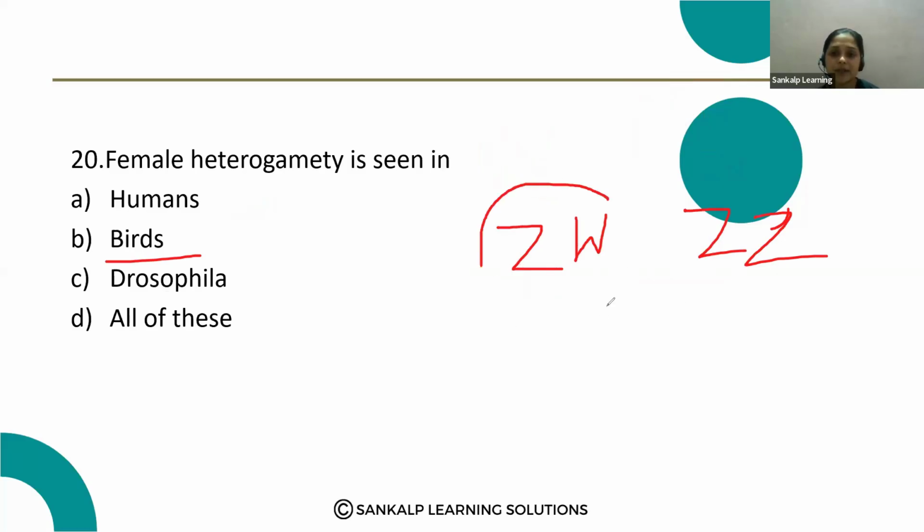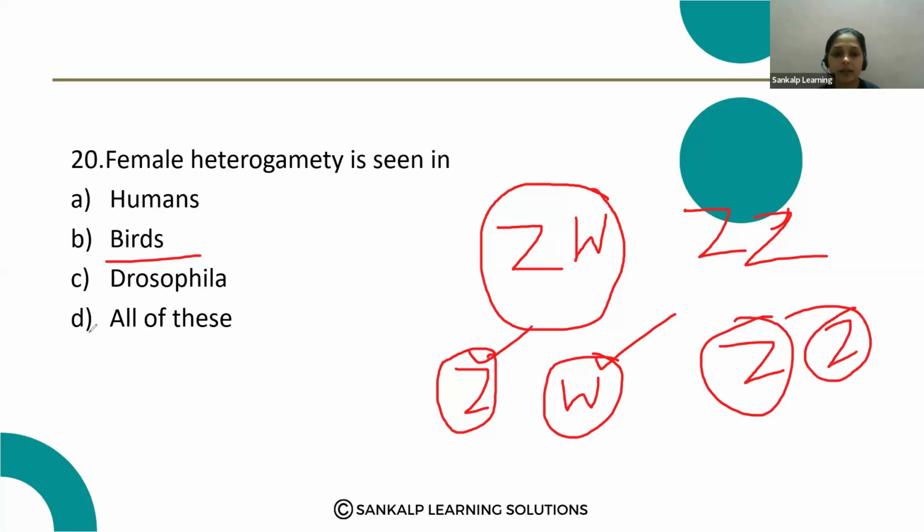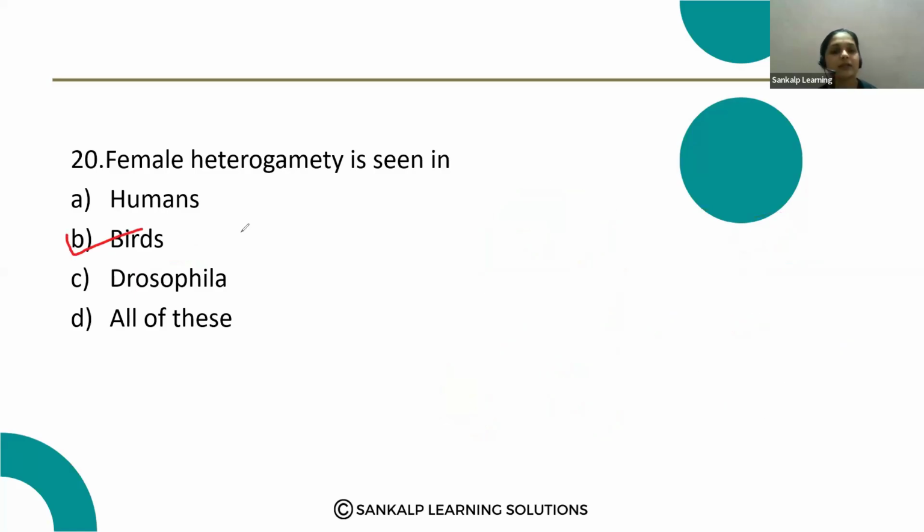So here females are heterogametes. Females produce Z or W gametes. The female gametes may contain the Z chromosome or W chromosome, but the male gametes always contain the Z chromosome. That is in birds. Okay. So female heterogamety is seen in birds.